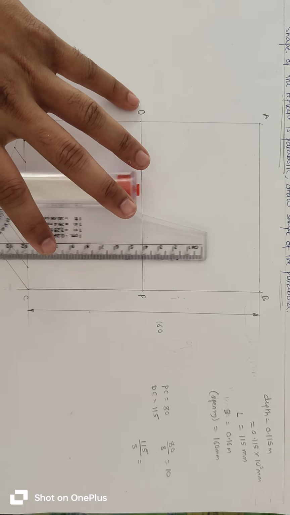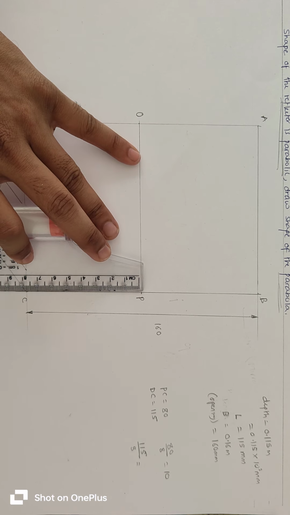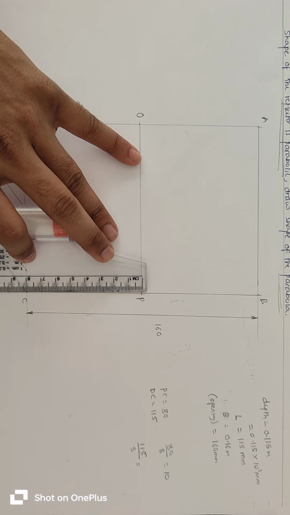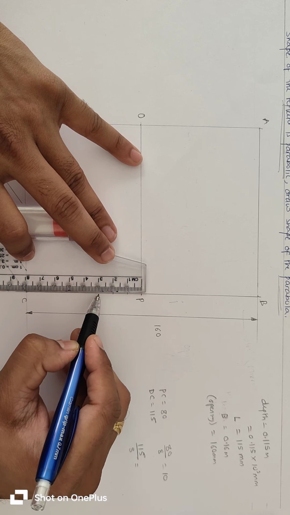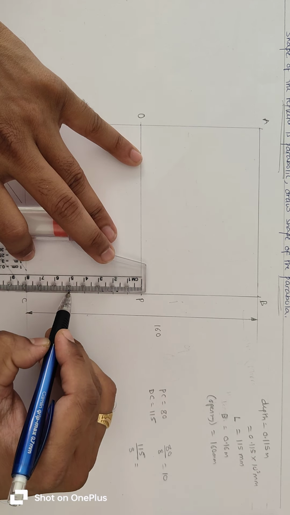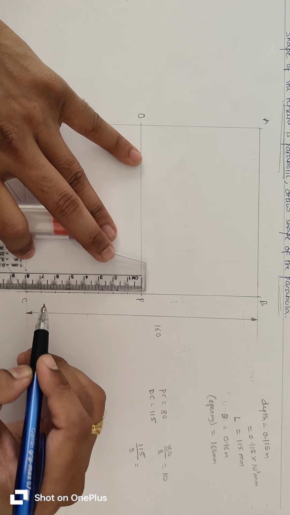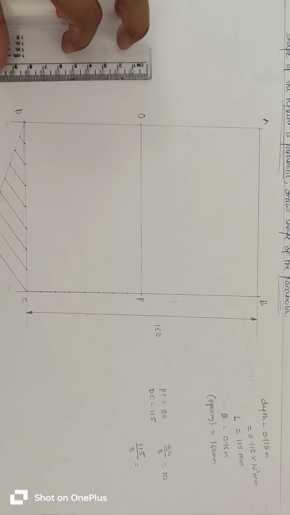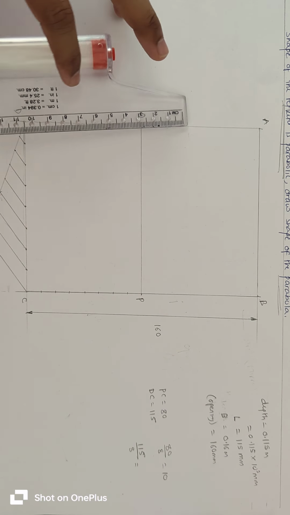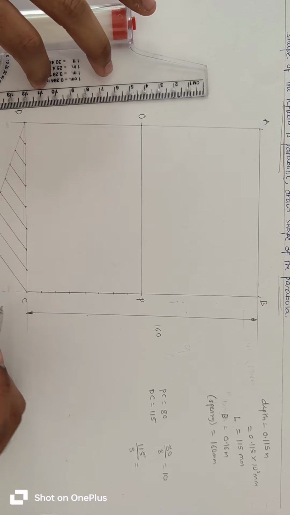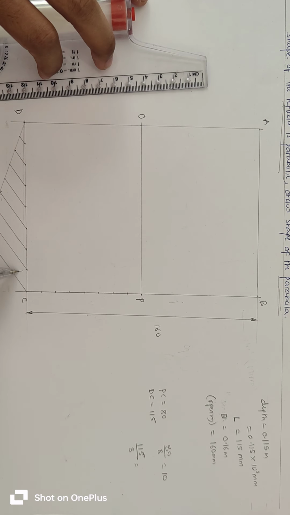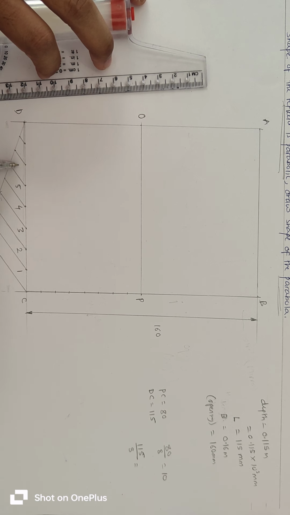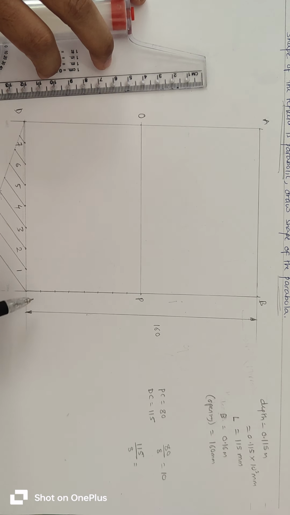Now divide line PC into 8 parts with the help of a scale. Just take 1 centimeter distance: 1, 2, 3, 4, 5, 6, 7, and 8. So now mark these points as 1, 2, 3, 4, 5, 6, 7, and 8.